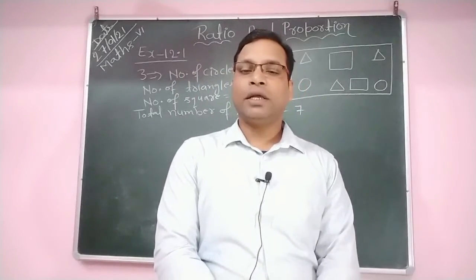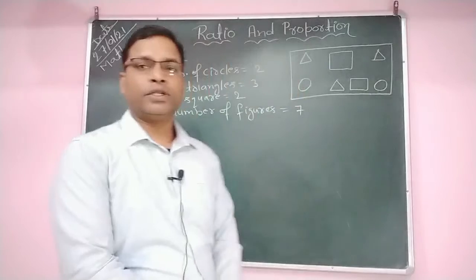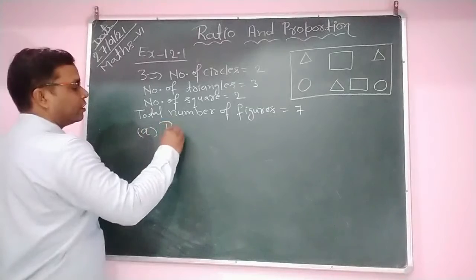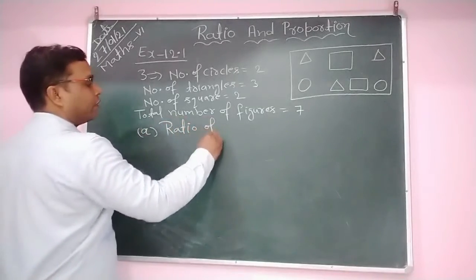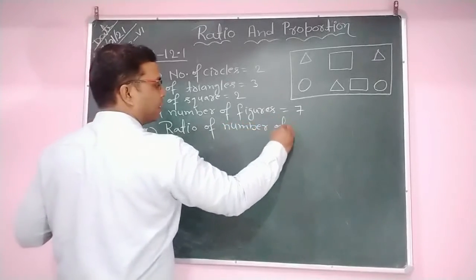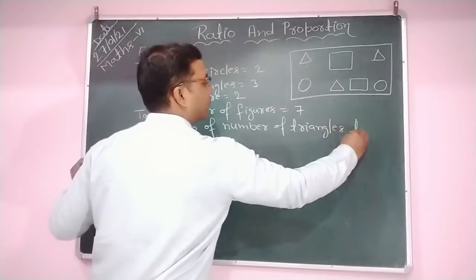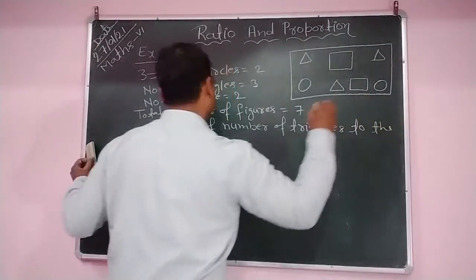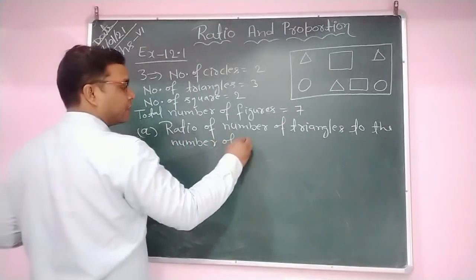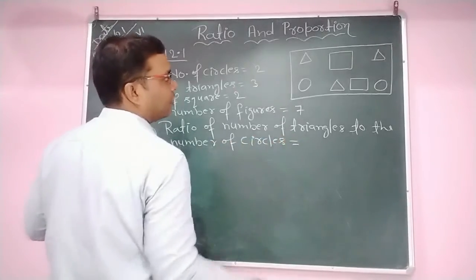So first we need to find the ratio of the number of triangles to the number of circles inside the rectangle.